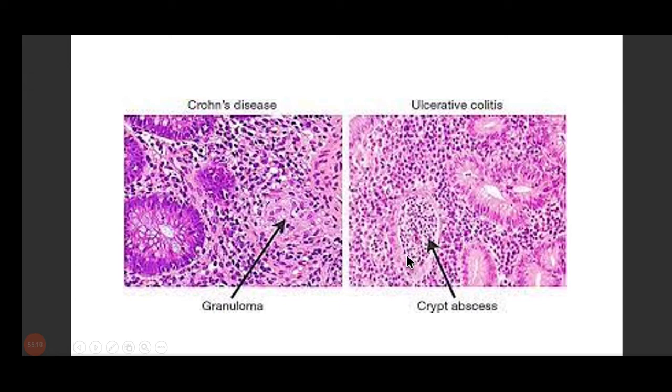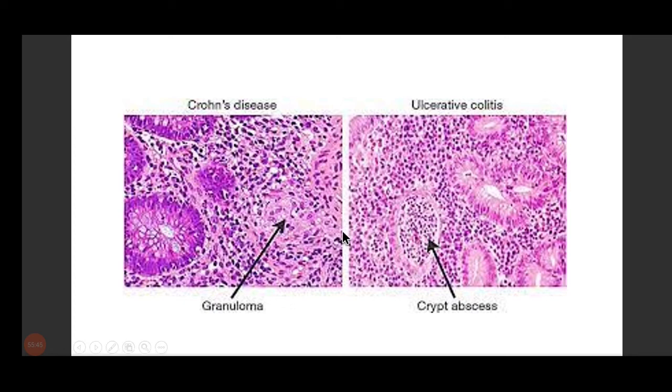This is a proper crypt abscess. The abscess which you see in the lumen, this is also a crypt abscess, more diagnostic of ulcerative colitis, but in Crohn's disease you will see granulomas. This granuloma which is forming here, this is colonic mucosa, okay, and this is a granuloma forming.